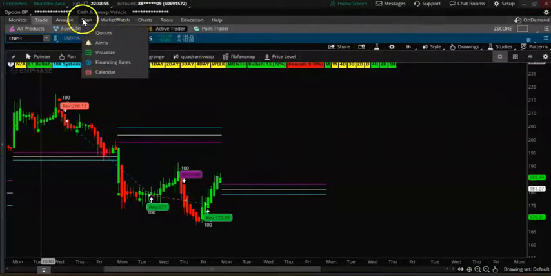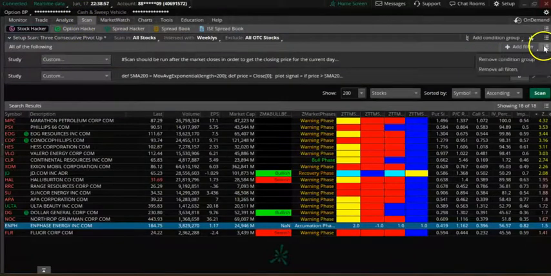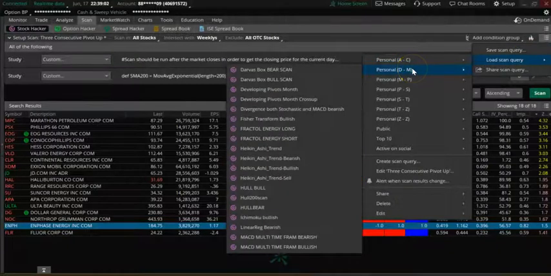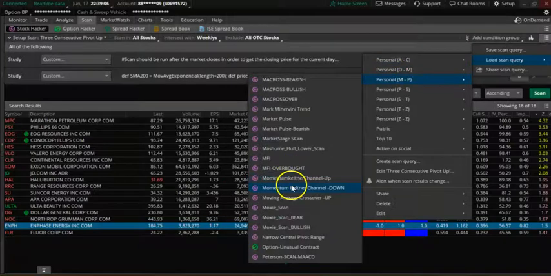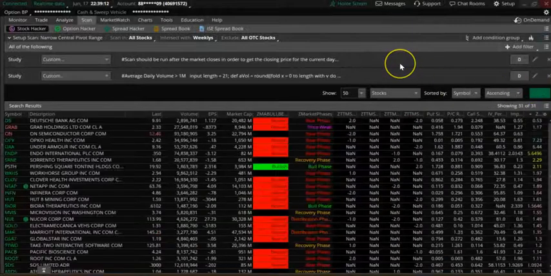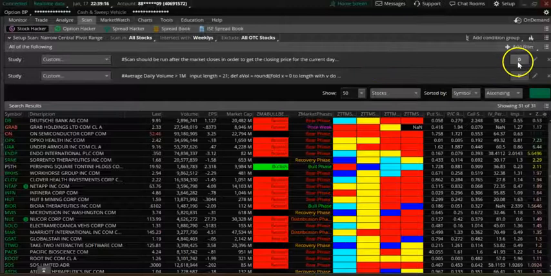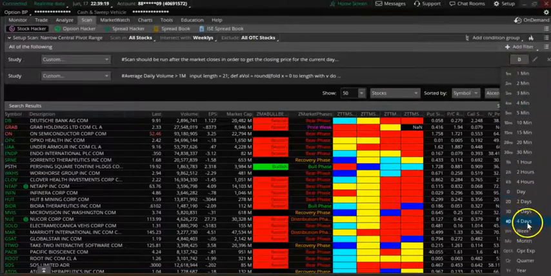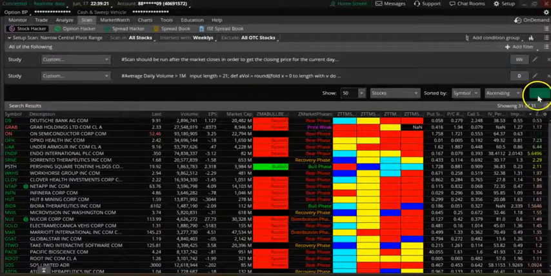Okay. Let's look at scan. Let's look at narrow CPR scan. Load. Okay, narrow CPR. I want a weekly CPR narrow. And then million stocks. Okay, so that's okay.